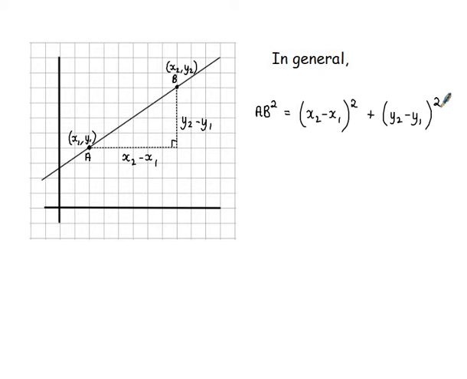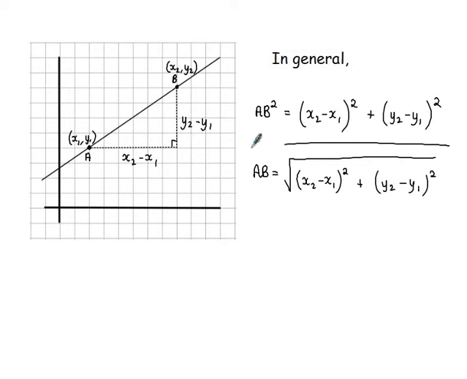Now obviously we can't work out these values as we don't have any numbers. So your next step is to get rid of that squared. So we want to square root. So AB is going to be the square root of (x2 minus x1) all squared plus (y2 minus y1) all squared. And this is your formula to find the length of the line.